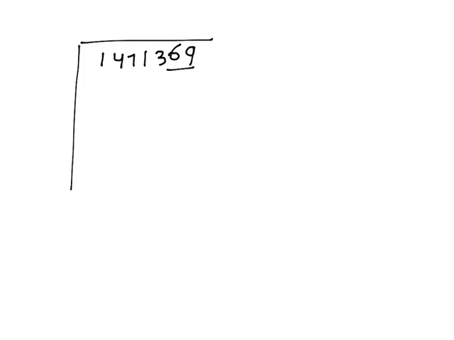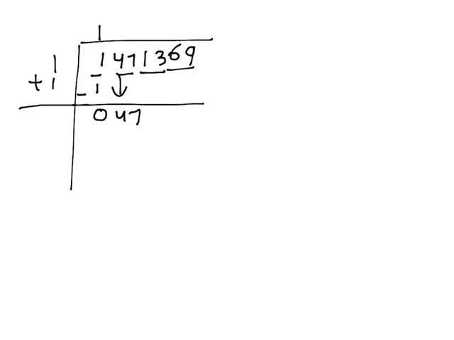Just to understand this step, let's take one more example. Here I am taking the example 1471369, a big number. Let's start with making the pairs. So we are left with 1 over here. 1 times 1 will give 1 only. Now we will subtract it. We will copy 47 over here. Now we took 1, so we will add 1 over here. So we will get 2.